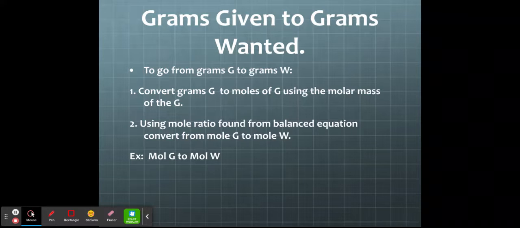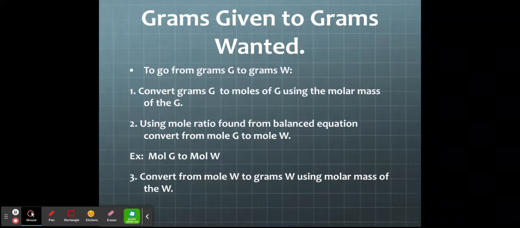Then step two, using the mole ratio found from the balanced equation, convert from mole given to mole wanted. And step three, convert from mole wanted to grams wanted by again using the molar mass.